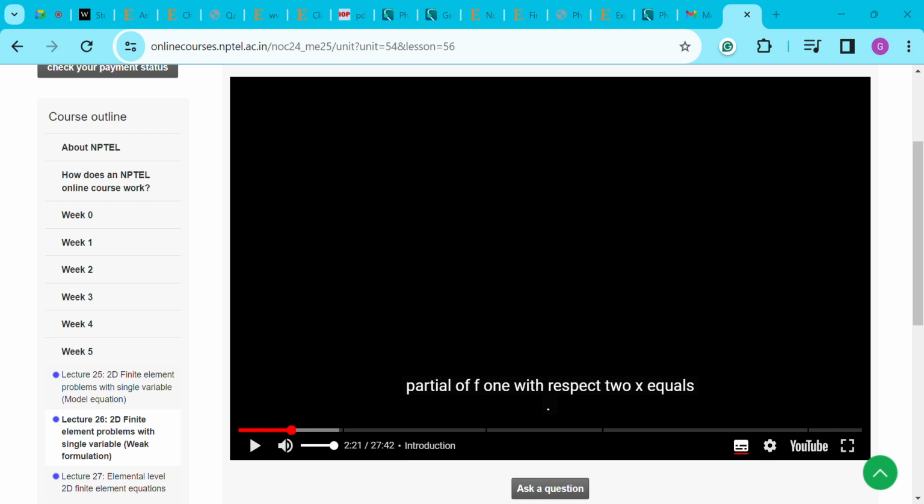Okay, so if I need to explain why this aspect ratio is bad, I would say it is because this matrix A is going to be almost singular, which makes the determinant value very small.